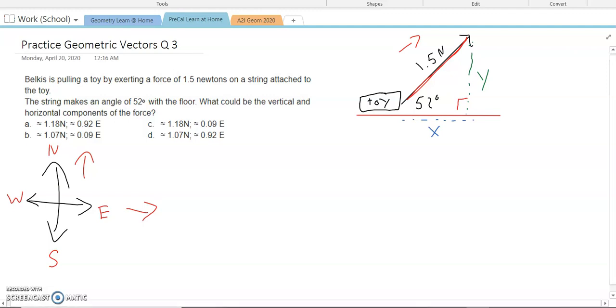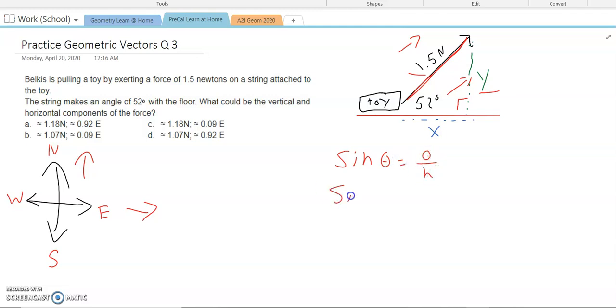So if you wanted to solve for y, that is the opposite side from that 52-degree angle, we could use the opposite side and the hypotenuse to represent the sine trigonometric ratio. So to solve for y, we know sine of an angle equals opposite over hypotenuse. And if we plug in the pieces, sine of 52 degrees equals y over 1.5.